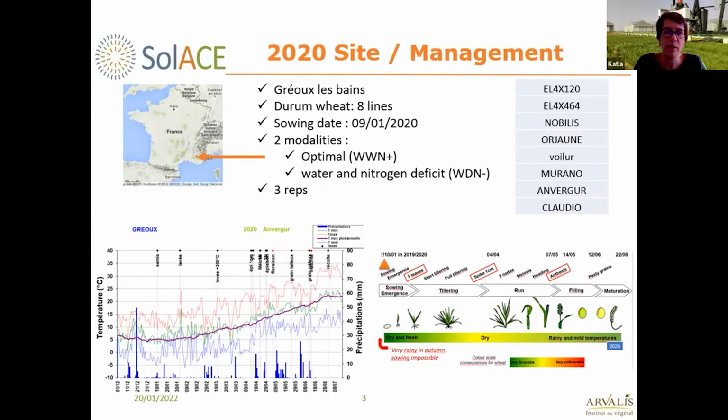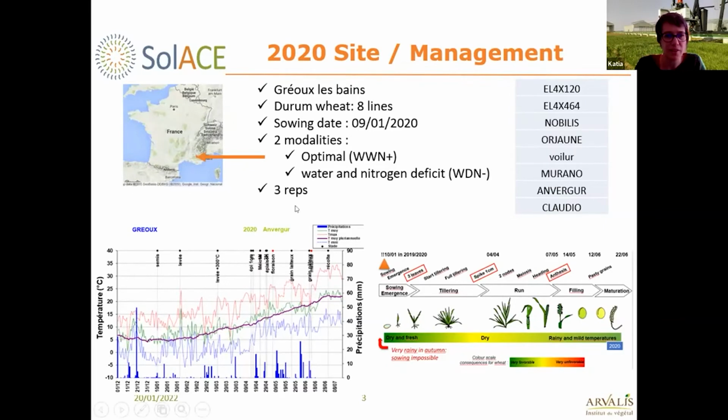One optimal with well watered and well fertilized, and another one with water and nitrogen deficit. So for each we have 3 replicates.